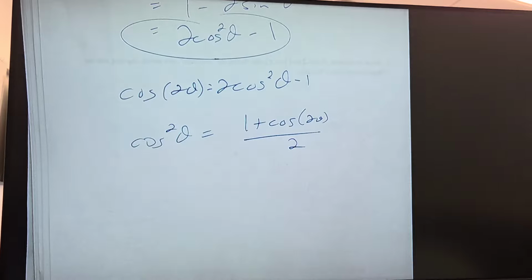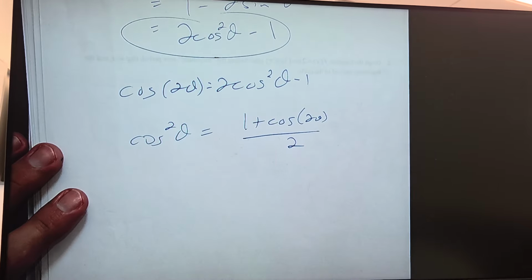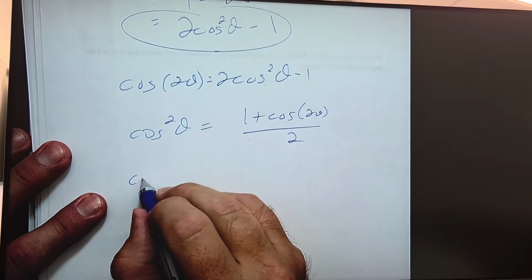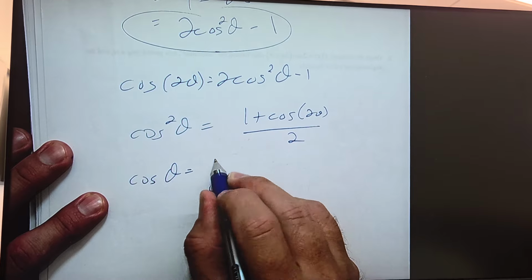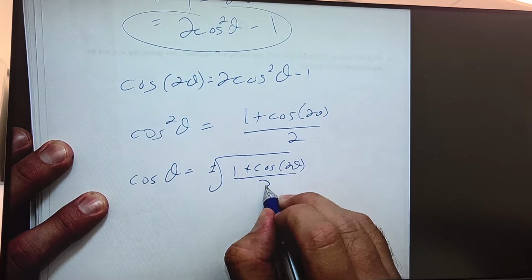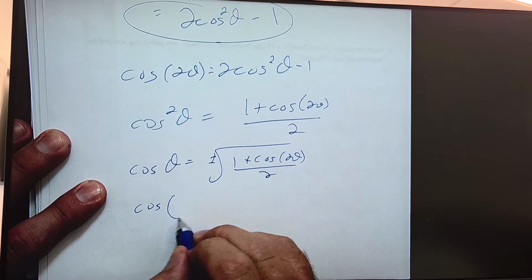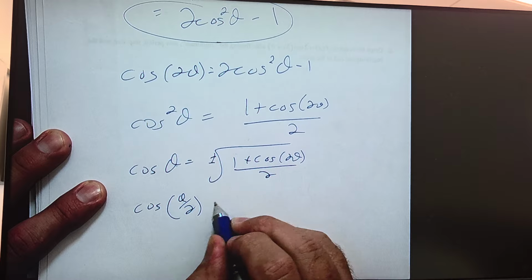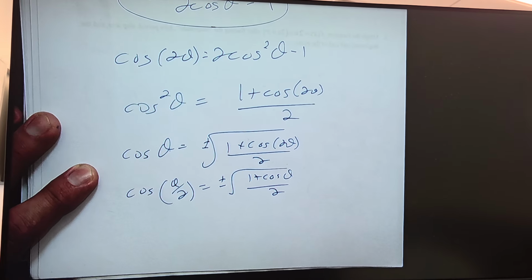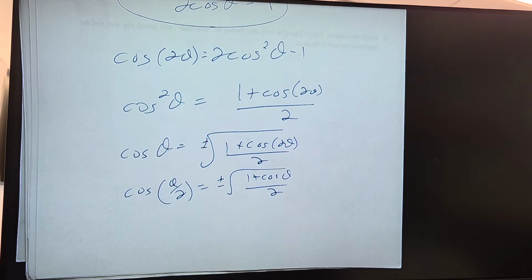Now, the 2 things I got to do to make it look more like what you see in a textbook, what you see on that sheet I gave you, is I got to, number 1, take a square root. And that's where the plus or minus comes in. And number 2, I got to change this with half theta, which makes this one theta. So all that really has to be true is whatever this angle is, this is half of it.